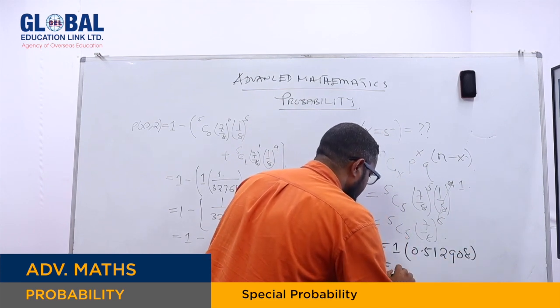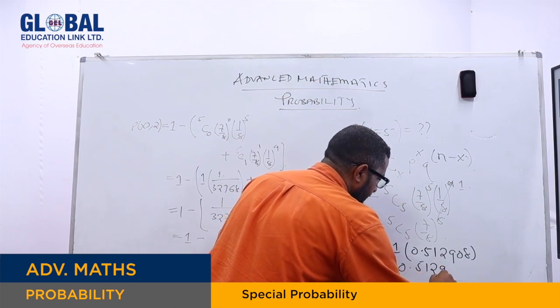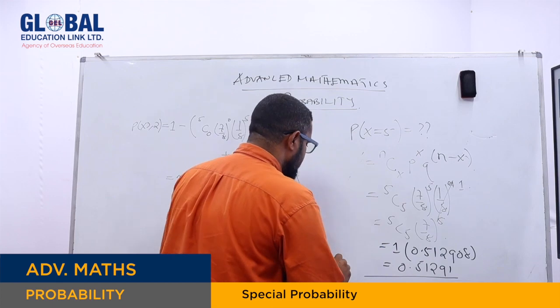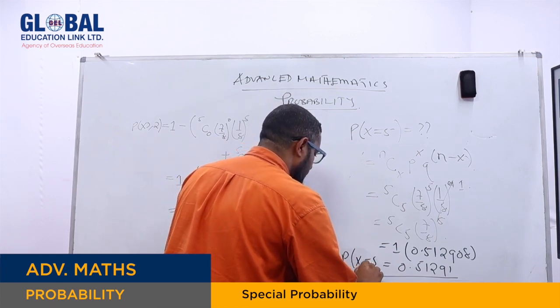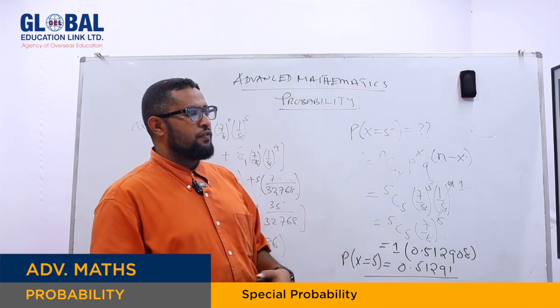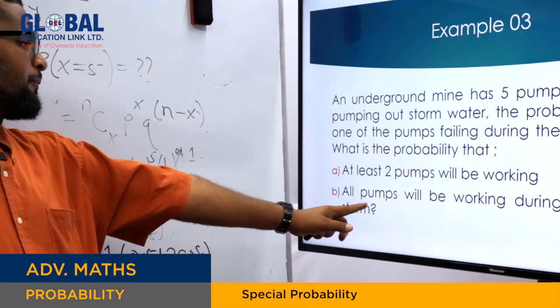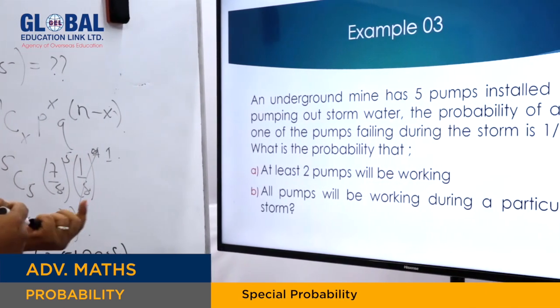So when you multiply with 1, you get 0.51291. So that is when all pumps are working, the same as writing the probability of X equal to 5, according to the question: all pumps will be working during a particular storm.